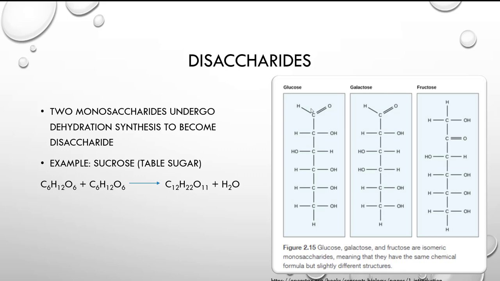So they bridge together to form a sucrose molecule. That is an example of a disaccharide: 2 sweets or 2 sugars together, and they form a covalent bond, so a very strong bond.